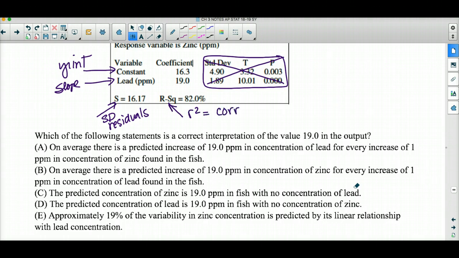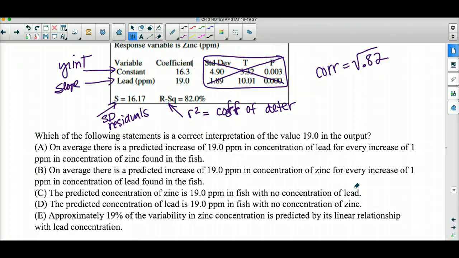No, I'm sorry, coefficient of determination. Your correlation would be the square root of 0.82, and you'd have to be able to look at the graph to pick a sign, or look at the equation. If the equation had a negative slope, you'd pick a negative.